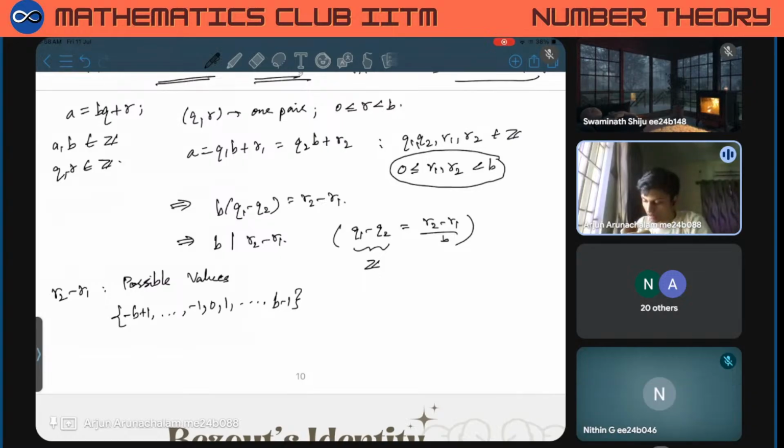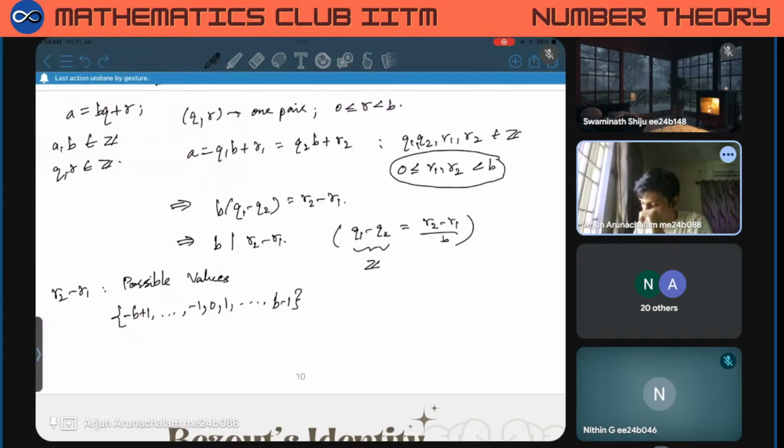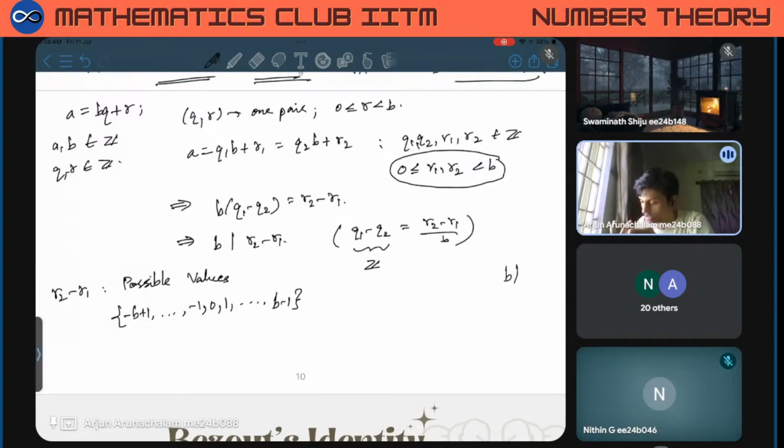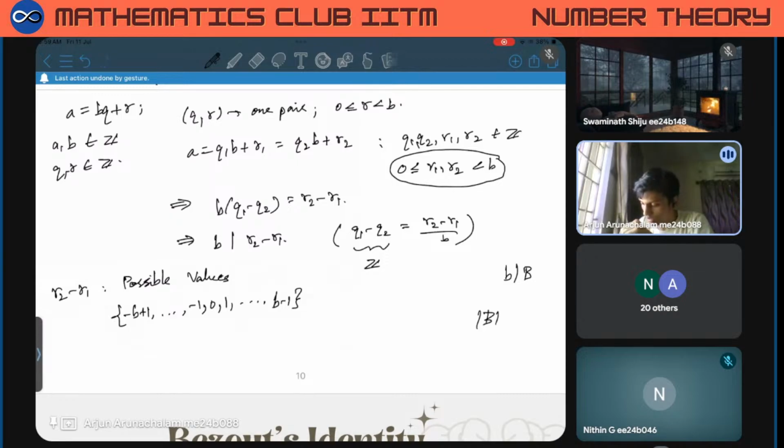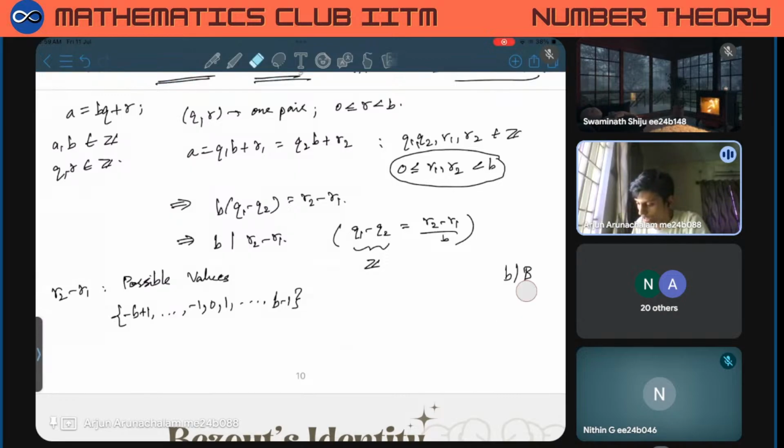So a notion in divisibility. Let's say b divides some integer P. So it's clear that P has to be greater than or equal to b, at least in absolute value, right? Because if you write the integer multiples of b, what are they?